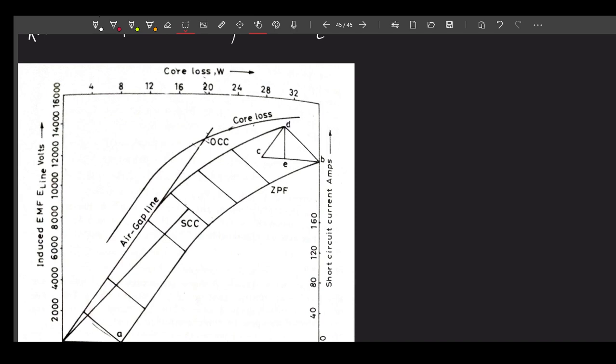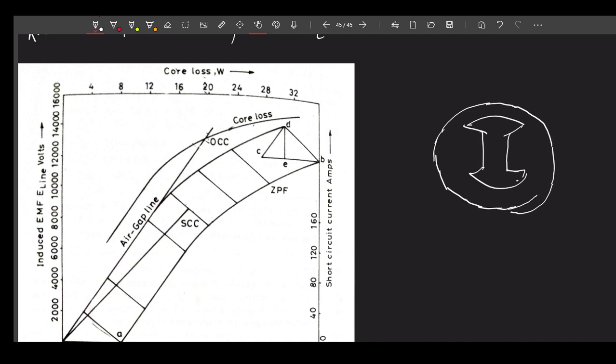And pure demagnetizing means, if you think about your field structure, imagine this situation: this is your field structure, and this is your armature structure, the outer one.